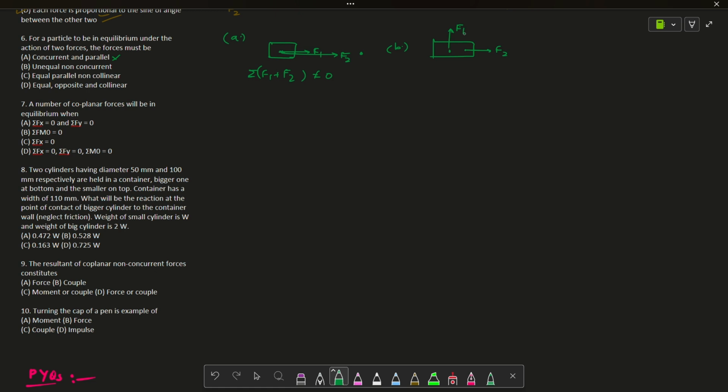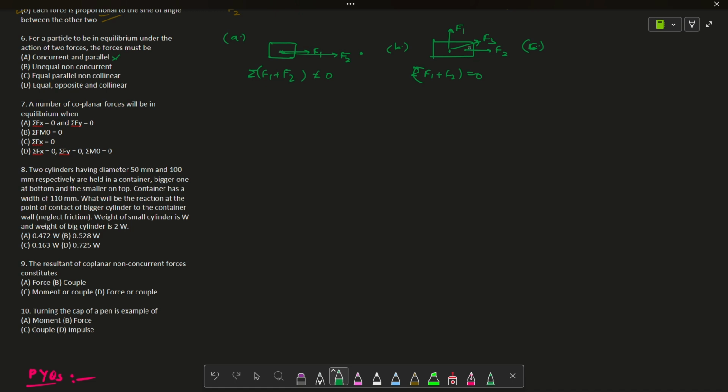Concurrent means acting at the same point, and in magnitude they are not equal. That means the summation is also not 0. We can see that directly here, right? Some component F3 will be discovered, which will be the sum of F1 and F2, and the direction will come as a vector sum.